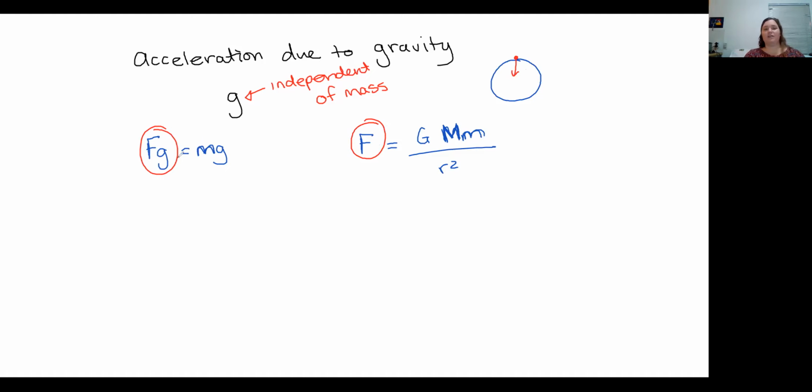So if I make these two forces equal, I then get the equation that m times g is equal to G M m over r squared.